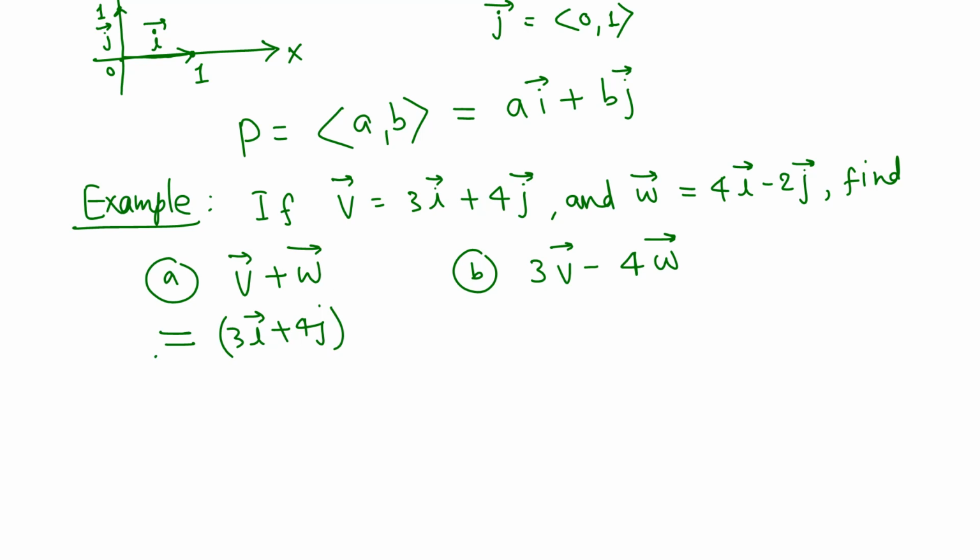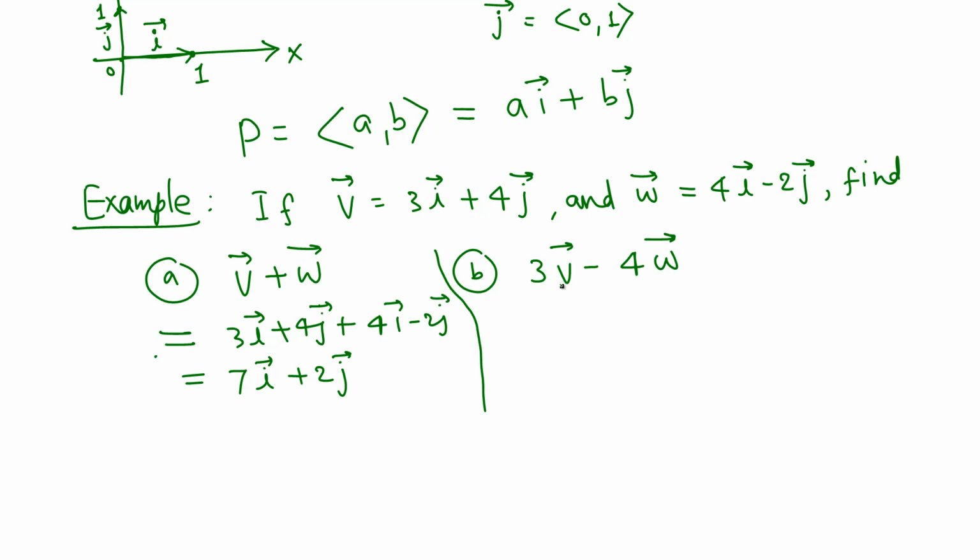We don't need parentheses because it's plus. w is just 4i minus 2j. Now we'll do the algebra like our real algebra. So 3i is like 3x plus 4x. So 3i plus 4i is 7i, and 4j minus 2j is just positive 2j.